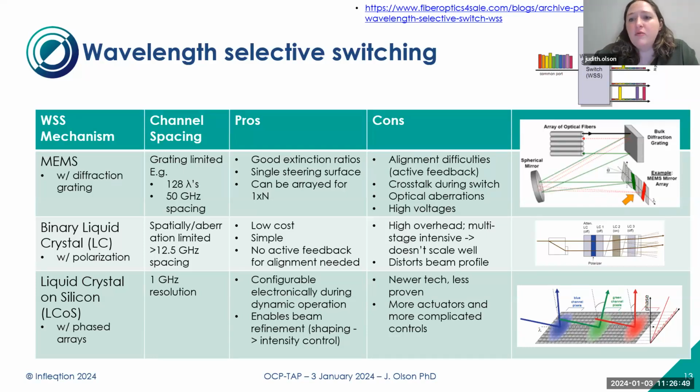The diffraction grating will reflect light off at a different angle that depends on the wavelength of the light that is incident on the grating. So by using an array of fibers, a diffraction grating at a fixed angle, and then a mirror, you can route things into a specific output fiber of your choosing. And this allows for wavelength switching to occur. Usually 50 gigahertz is a common spacing I've seen here.